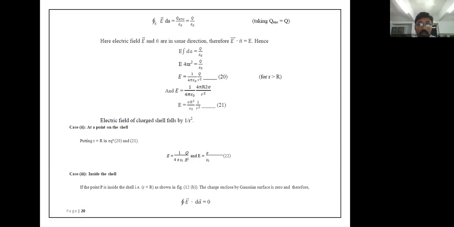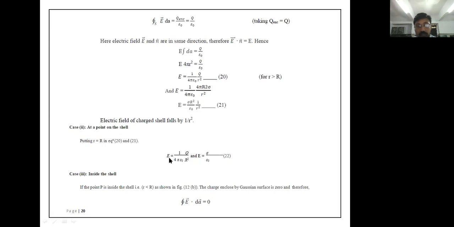Now we want to calculate the electric field on the surface of the sphere. So point P will be on the surface of the sphere, and therefore the distance from the center of the sphere to point P is the radius of the sphere. So small r is equal to capital R.